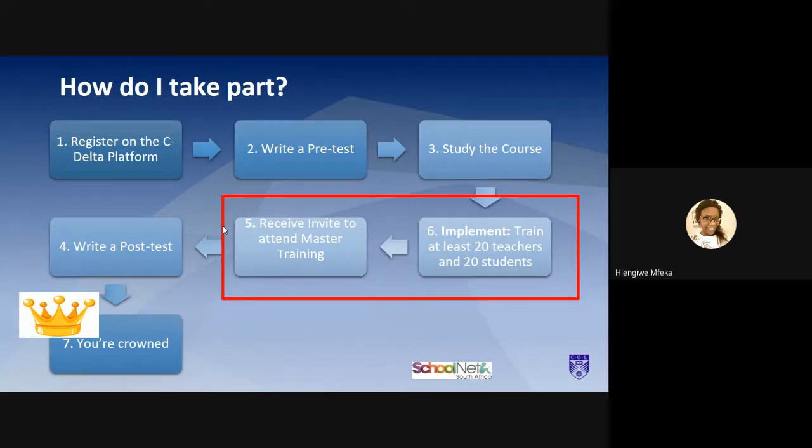Master training is for individuals who will be trained to become trainers of the program, and you then implement by beginning to train teachers or students.